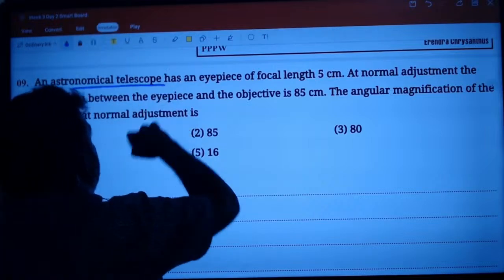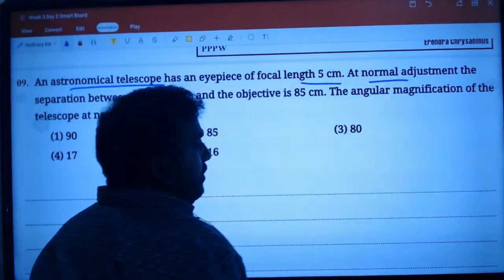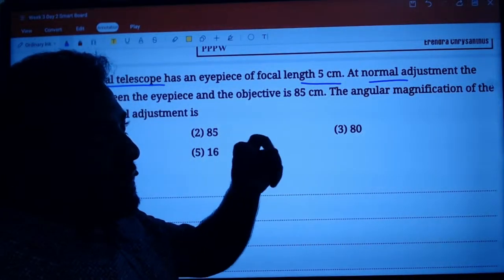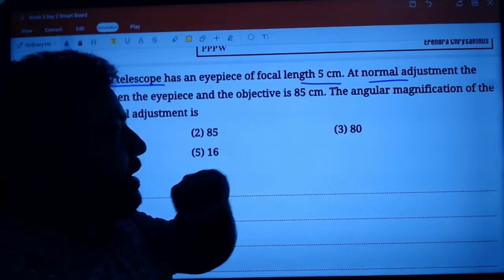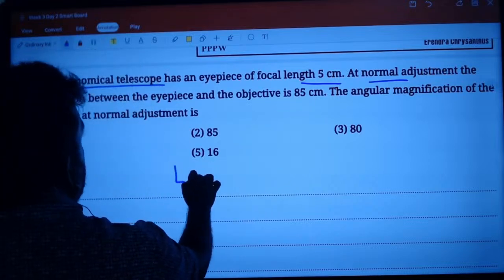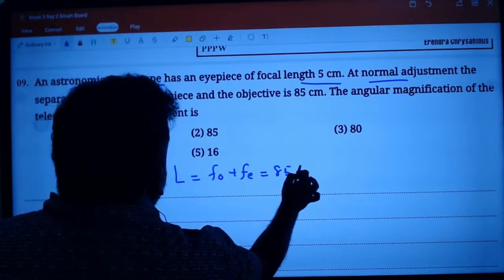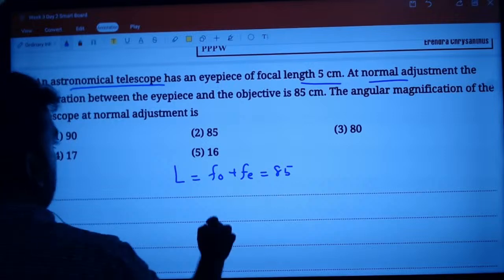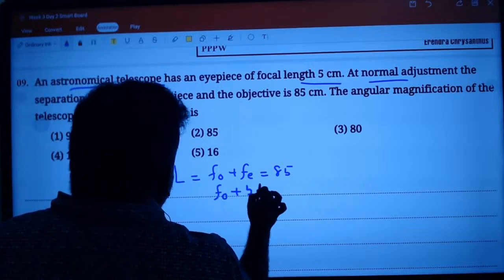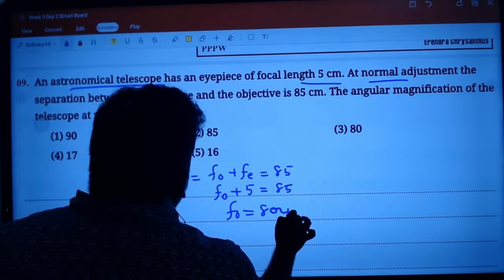In an astronomical telescope, eyepiece focal length is 5 at normal adjustment. What do you mean by normal adjustment? Object is also at infinity, image is also formed at infinity, right? The separation between the eyepiece and the objective, that's f0 plus fe, is 85 centimeters. So eyepiece is 5, so f0 is going to be 80 centimeters.